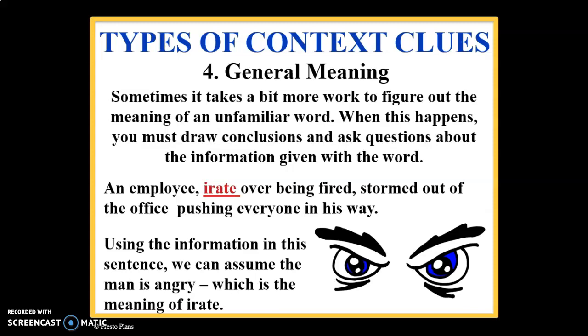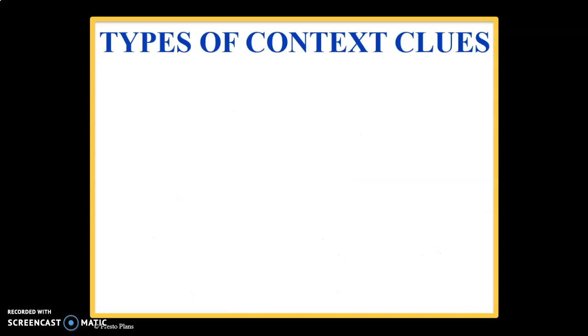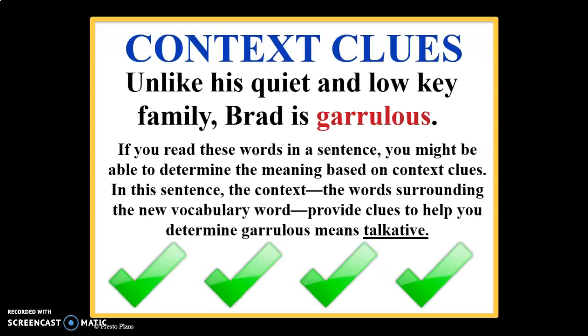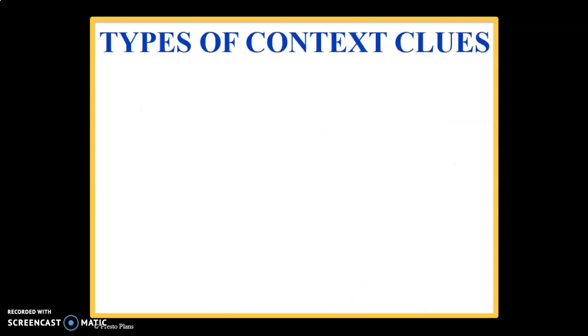So going over these four different types of context clues can help you not only with understanding words in The Giver, it can also help you as you are doing your examples for your vocabulary test, which is going to be on Friday.